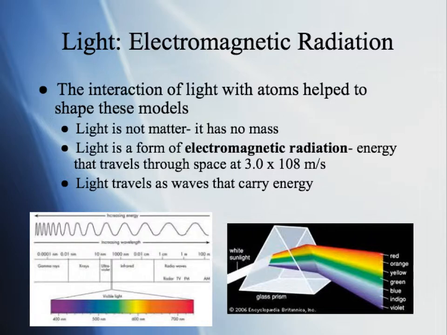So we know that light is not matter. It has no mass. Remember, matter has to have mass and volume. And so light has no mass, therefore it is not matter. In fact, light is a form of what we call electromagnetic radiation, or basically just energy.